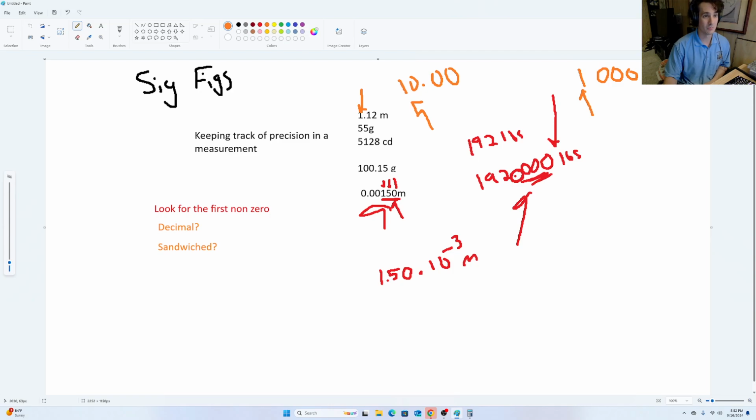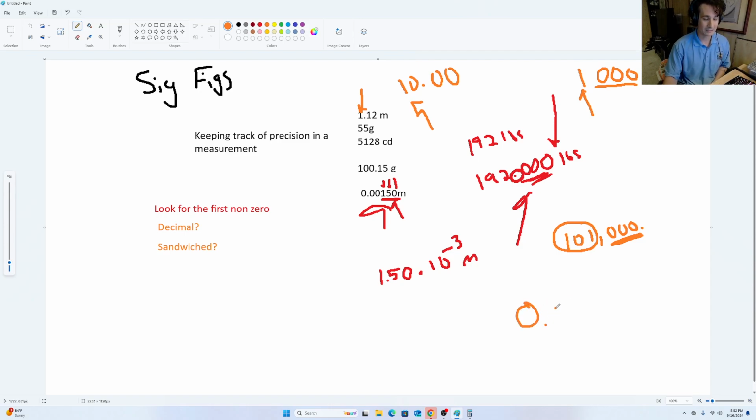But if I had 10,001, now these zeros are sandwiched, which means all of them would be significant. Just be careful, because if you had 101,000, you might say, oh, that means all of them. There's no decimal. It just means these are significant, right? These are leading zeros, trailing zeros. If I put a decimal here, believe it or not, then they'd all be significant.